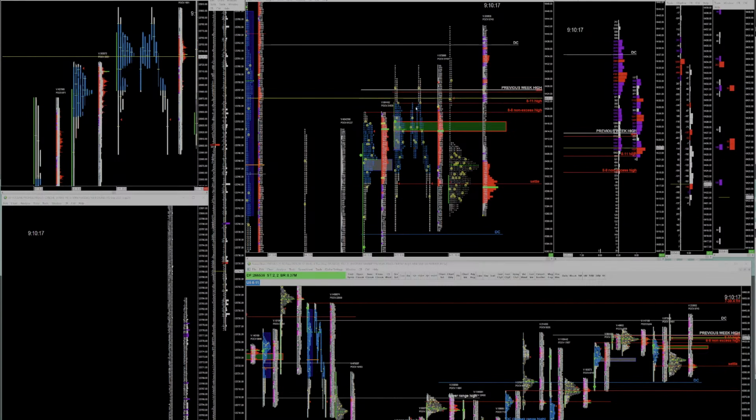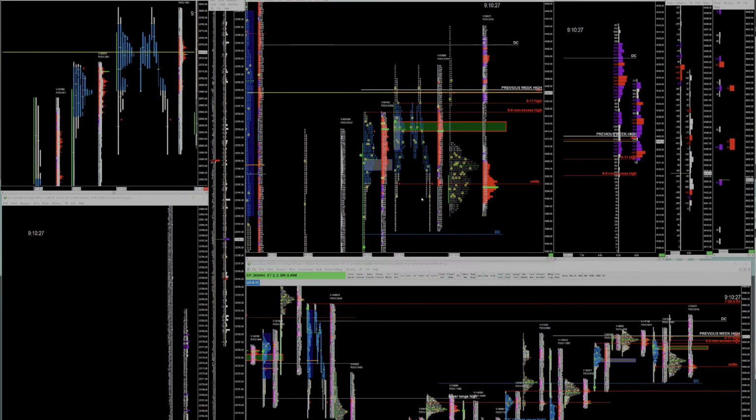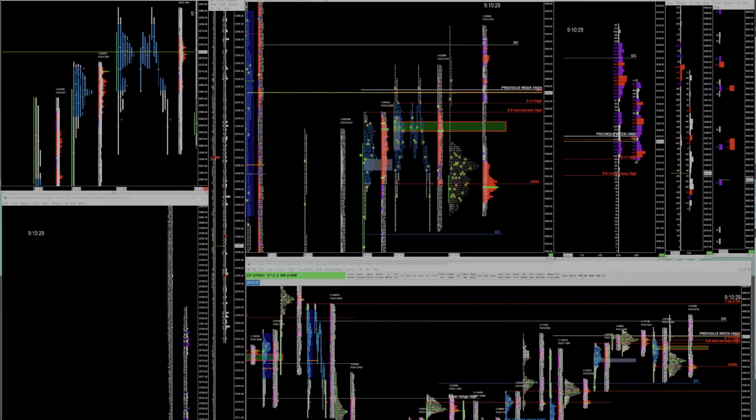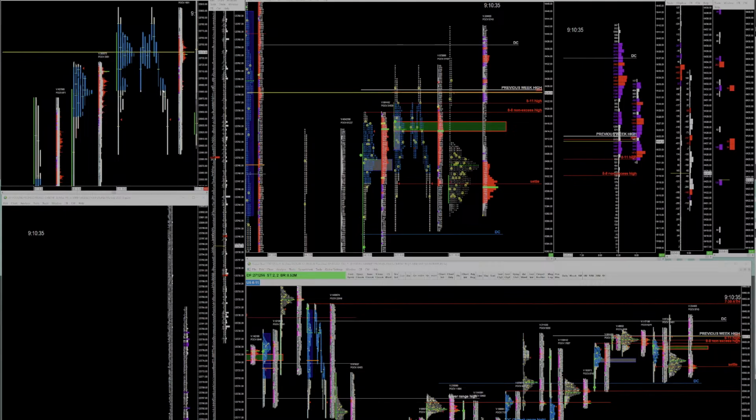Now, the risk comes here, when we see this downside movement, prices going lower and lower, with a little bit lower volume than Friday, for example.